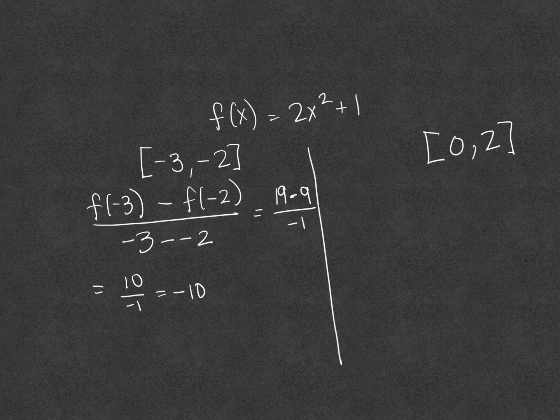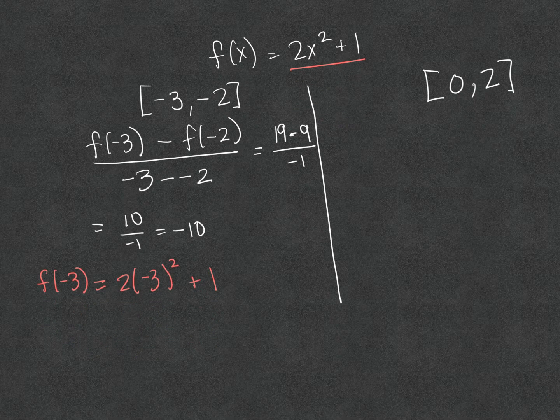So let's take a look at this one. F of -3 is equal to 2 times negative 3, everywhere I see an x, I put a negative 3, squared, plus 1, which is 2 times positive 9 plus 1, which is 18 plus 1, which is 19.